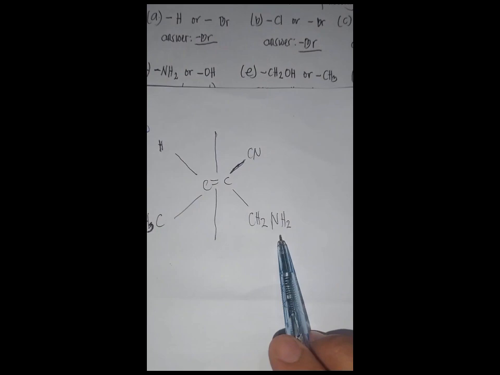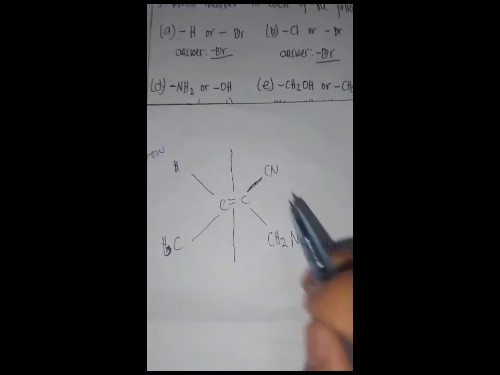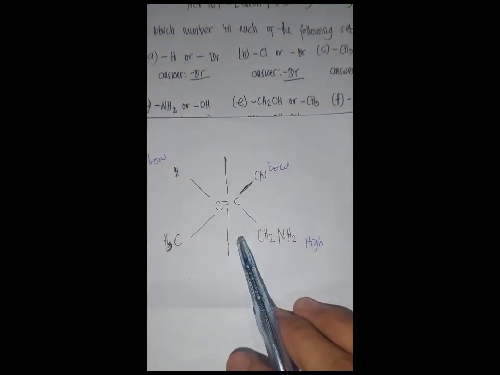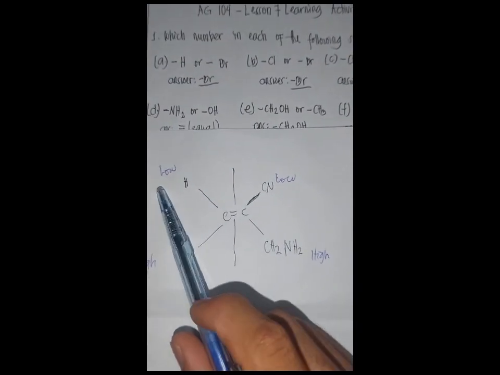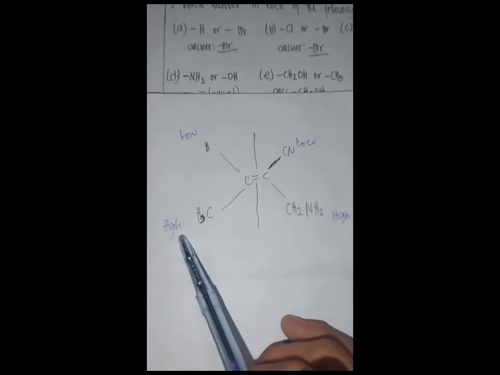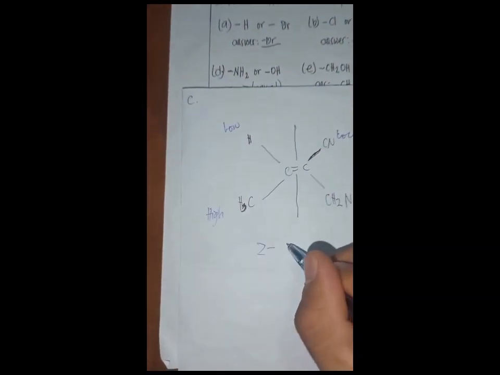So this below sets high because it has a long chain compared to the CN. So this is low. So to compare, this is low and low, so they have the same. Here below is high and high, so they are both the same. So the configuration will be Z configuration with the same rank.